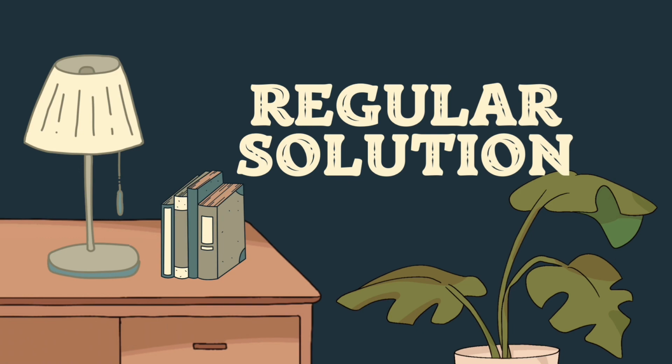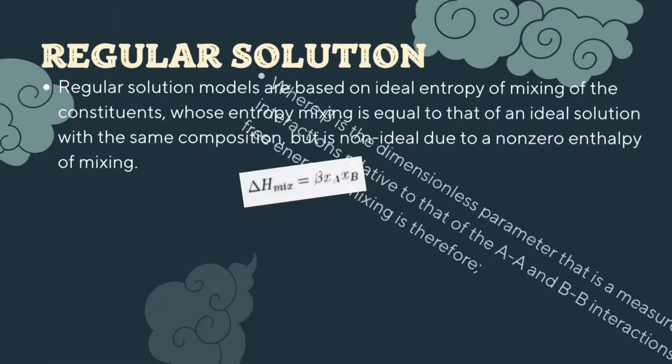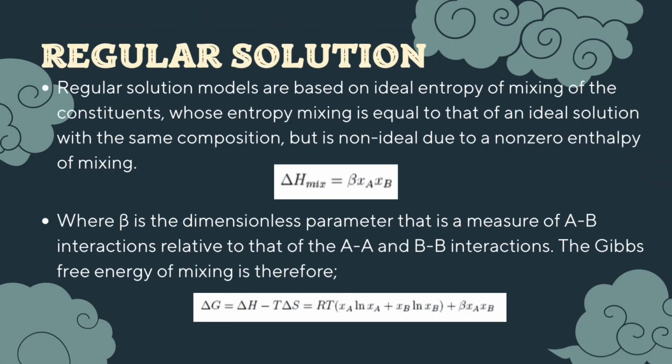Next, we will see about regular solution. Regular solution models are based on ideal entropy of mixing of the constituents, whose entropy of mixing is equal to that of an ideal solution with the same composition, but is non-ideal due to a non-zero enthalpy of mixing.